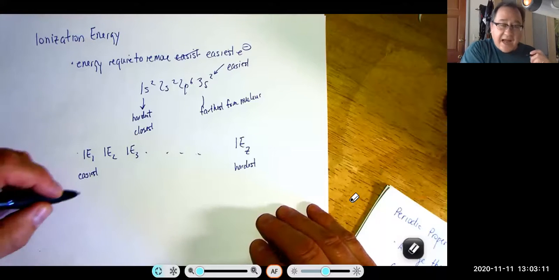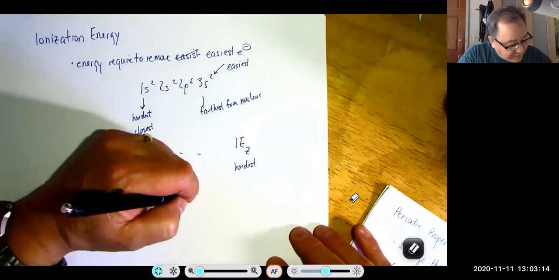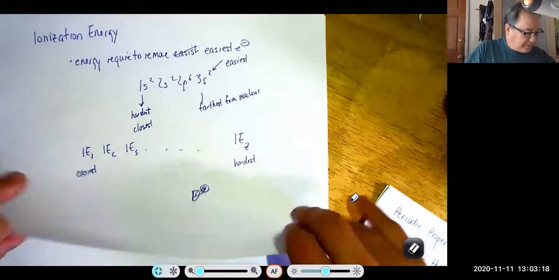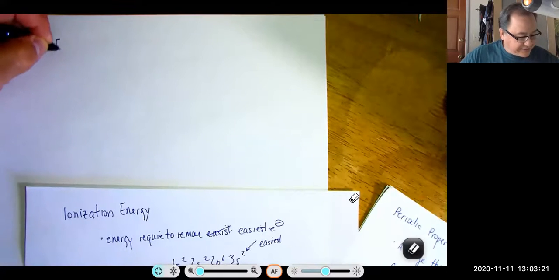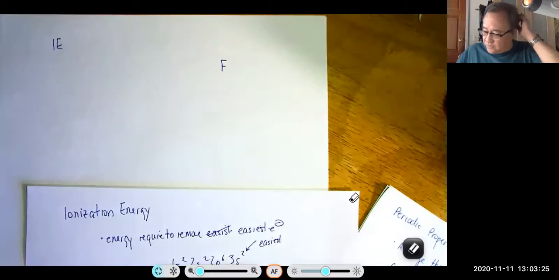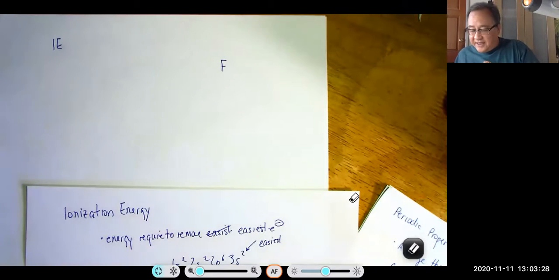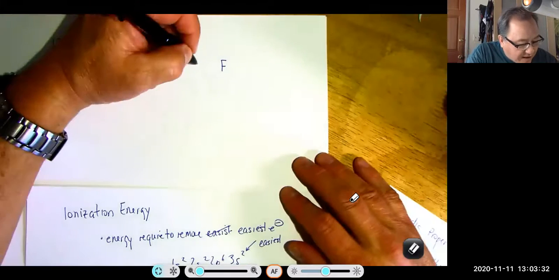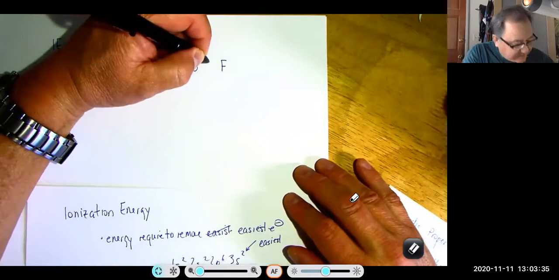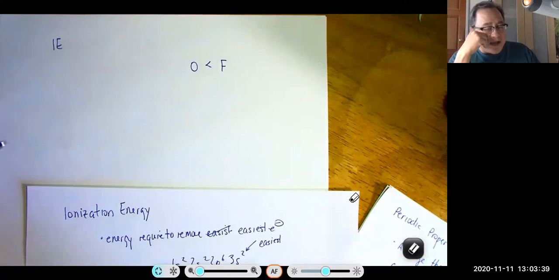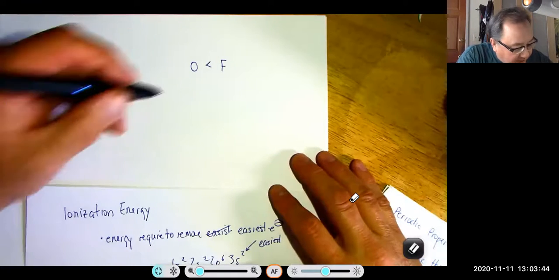Now, when you look at ionization energies, let me show you the chart. In general, F is going to be greater than oxygen. So why is that? One way to justify it is this way.